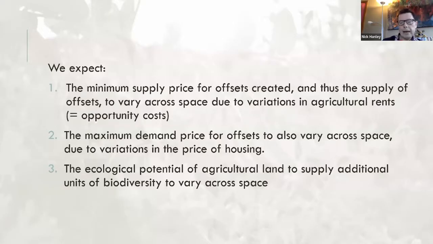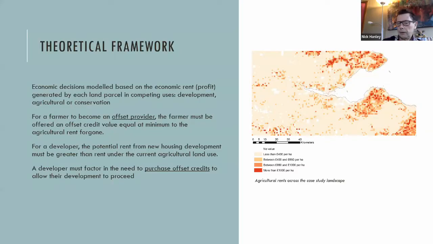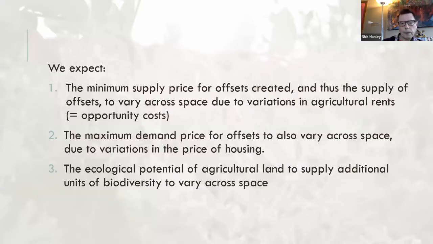So we expect that the minimum supply price for the offsets created, and thus the supply of offsets, to vary across space due to variations in these agricultural rents. So we already saw in that picture there that there's a very large variation in agricultural rents, due to underlying differences in soil quality, for example.